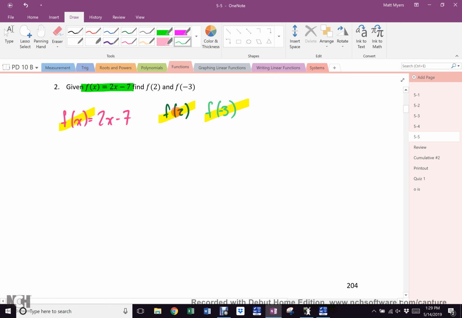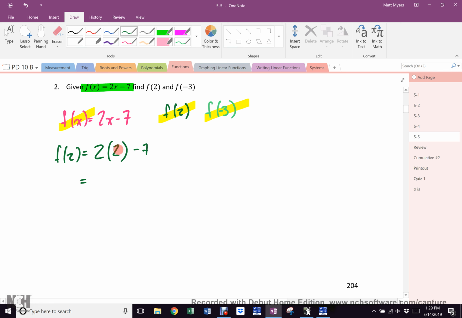So I'm not going to double x. What am I going to double? 2. So since it's f, I work with the f function. And I write f of 2 equals 2 times what? What goes here? 2, because I want the f of 2, no longer the f of x, minus 7.